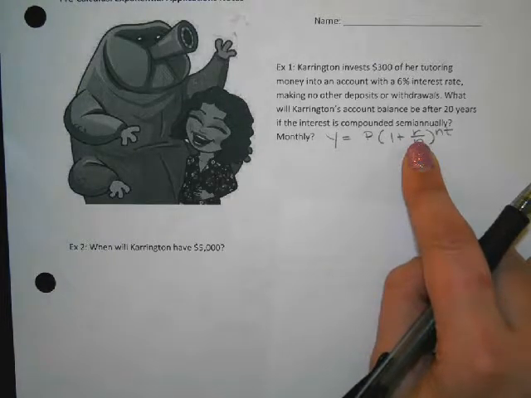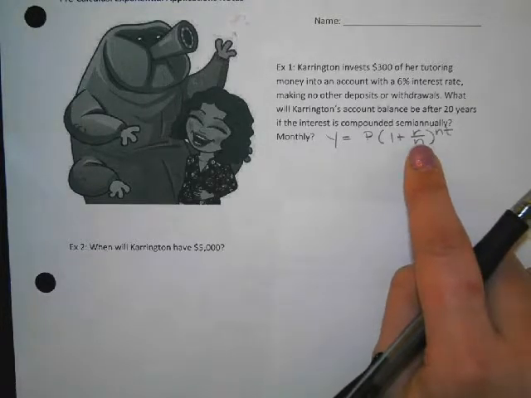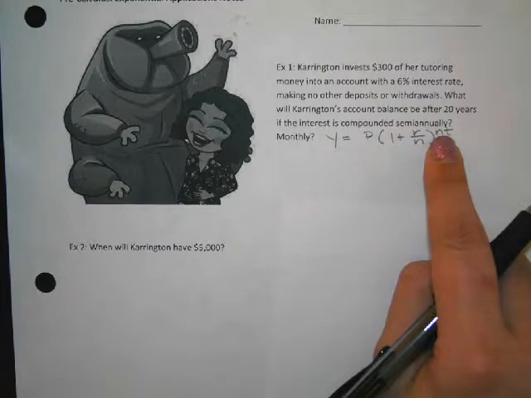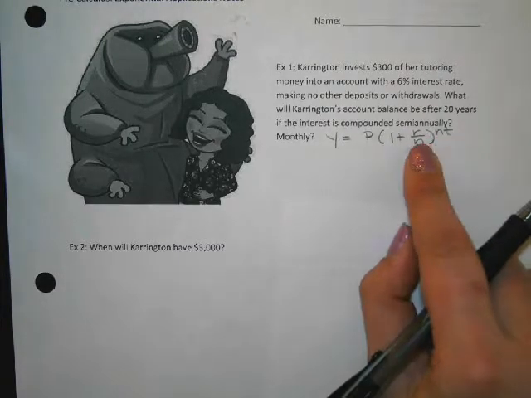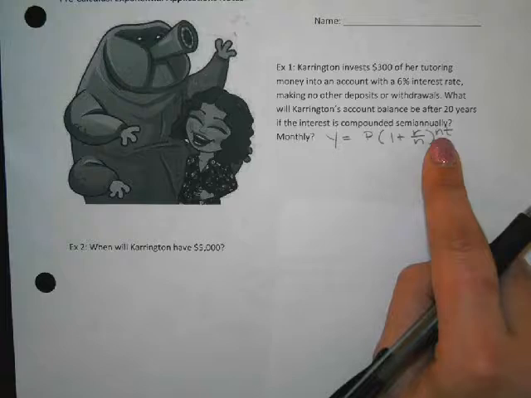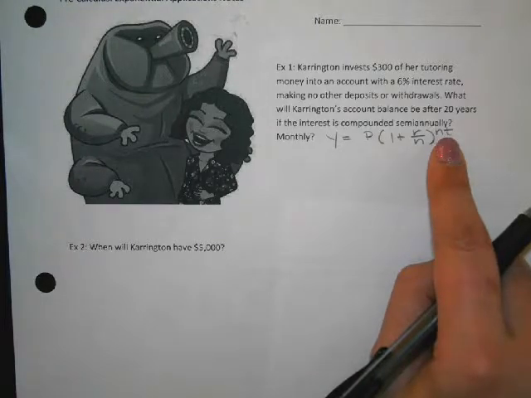The n is the number of times per year. Semi-annually means twice. Semi-annual sale would be like a sale that happens twice a year, so semi-annually is twice. The n here and the n there are the same n, which means if we plug in 2 for the first one, we're plugging in 2 for the second one as well. And then the t value is 20 years.